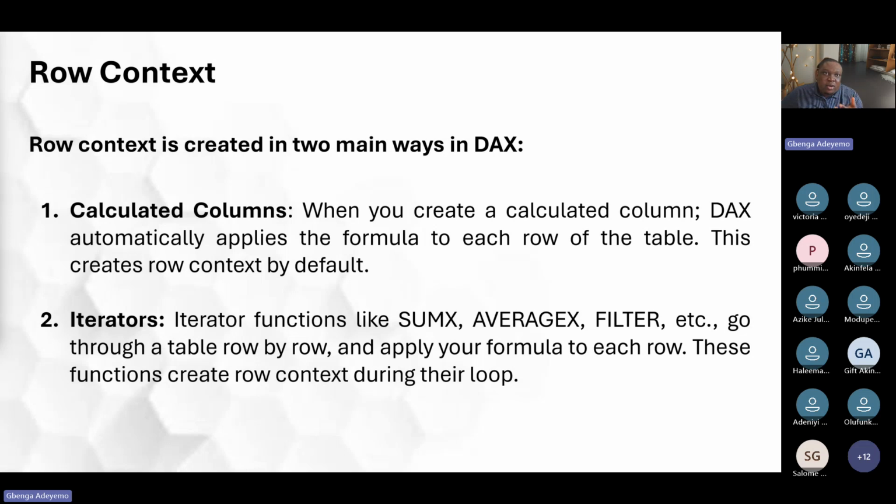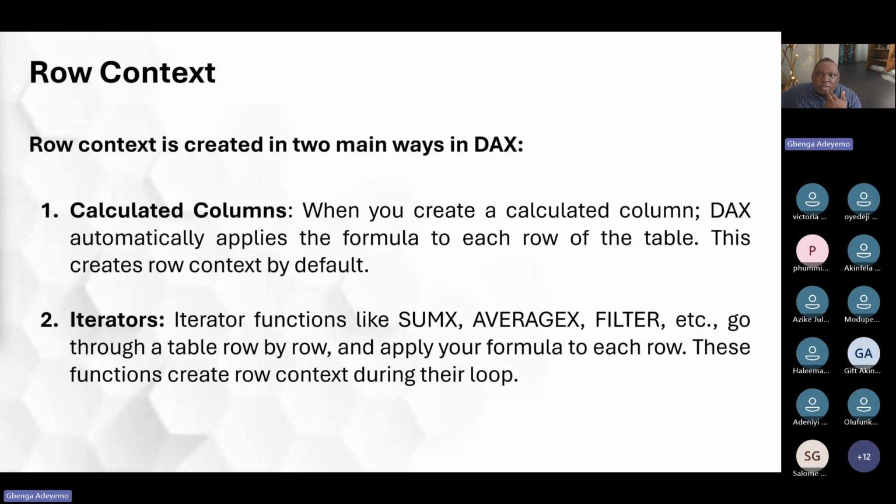Another way that row context occurs in DAX is when we use iterators, or what some people call iterating functions. The likes of SUMX, AVERAGEX, MINX, MAXX, COUNTX, and FILTER, which is also an iterator.